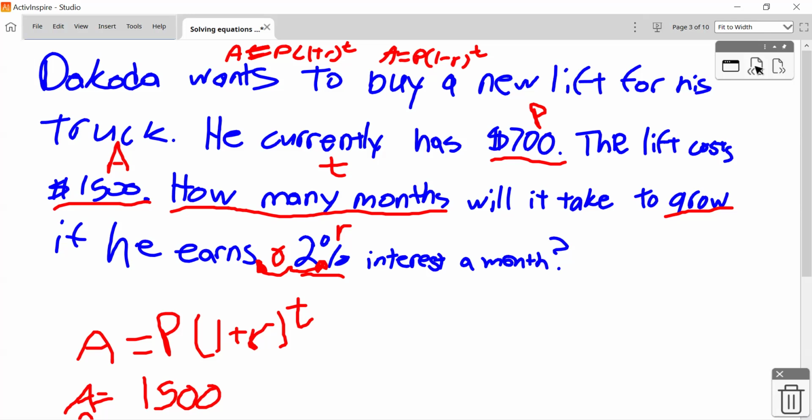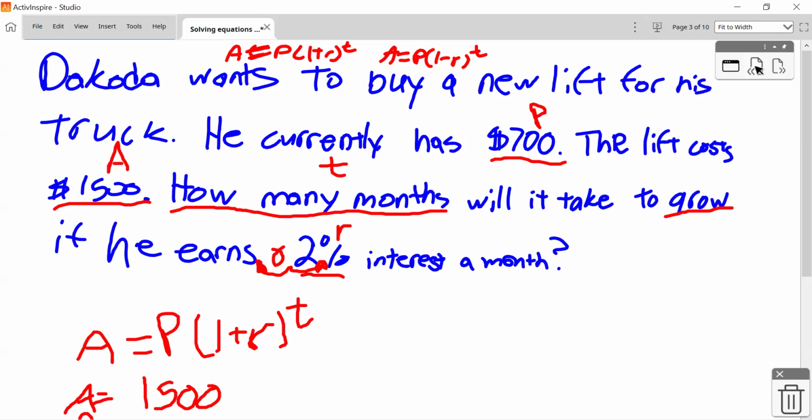So 72 divided by 24% interest over the course of a year, if this is 2% a month. 72 divided by 24 is 3 on the dot. So if it had been 1,400 instead of 1,500, we'd be looking right at 3 years, but we're going slightly above double.